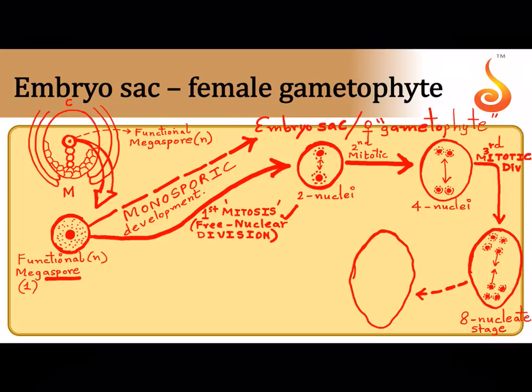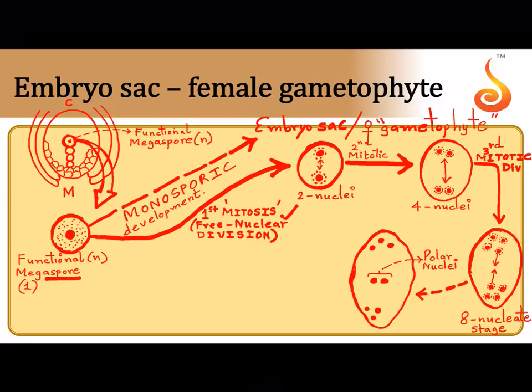The cell has become elongated now. 3 are in one pole, 1, 2 and 3, 3 are in the other pole, and only 2 have come to the center. Now these 2 nuclei which come and occupy the central position are called the polar nuclei.